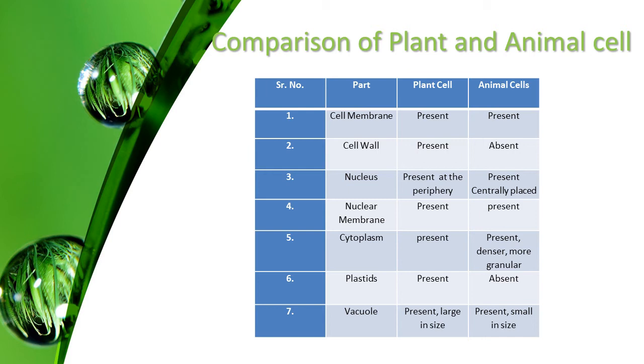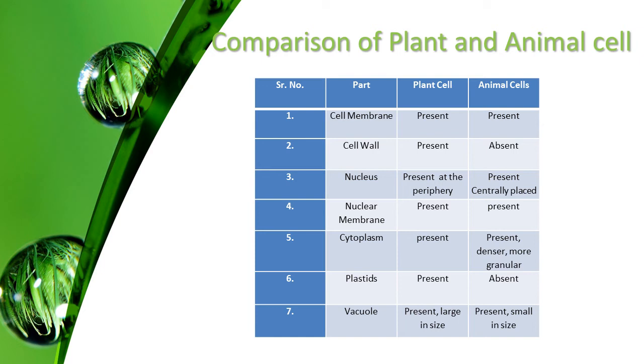Next part is vacuole. Let us compare plant and animal cells with respect to vacuole. We have discussed this before in this session itself, right? In both the cells, vacuoles are present, but in plant cells, vacuoles are large in size and centrally placed.